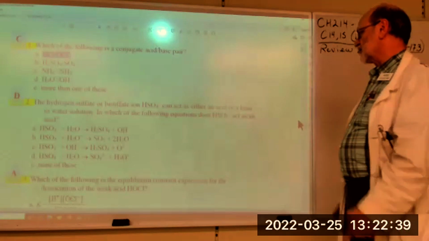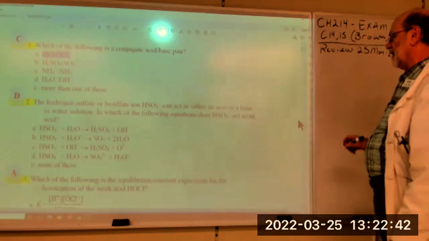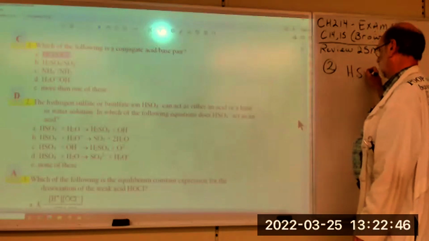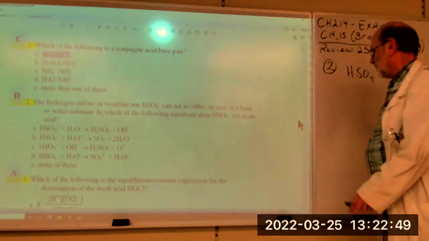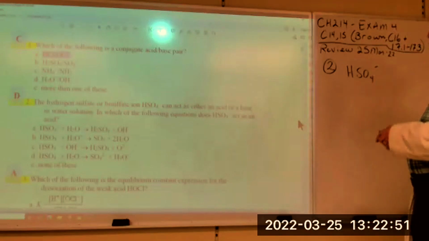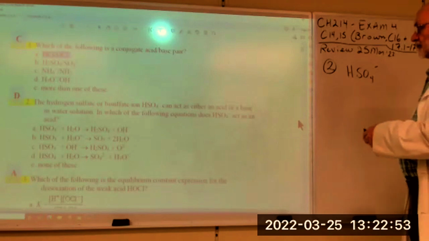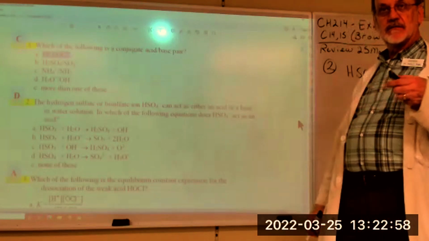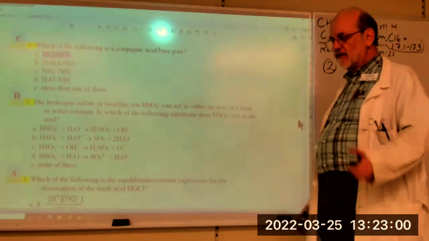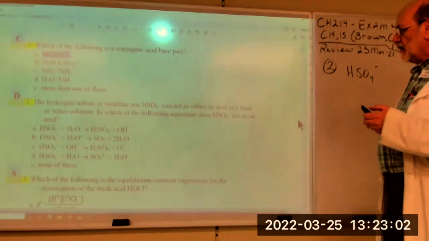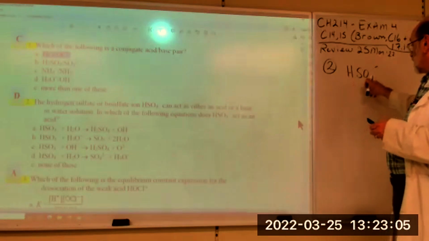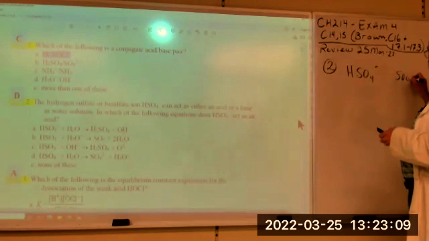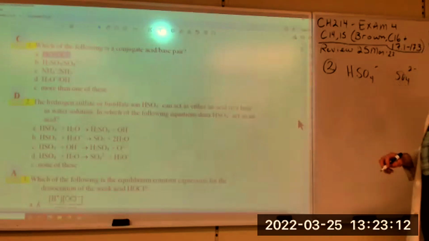How about this? Hydrogen sulfate, or bisulfate ion. In which of the following equations does it act as an acid? A Bronsted-Lowry acid donates a proton. So if this donates a proton, it's got to end up with a conjugate base that looks like that.